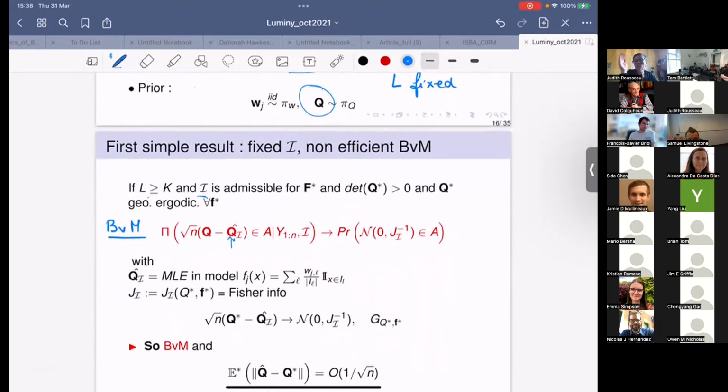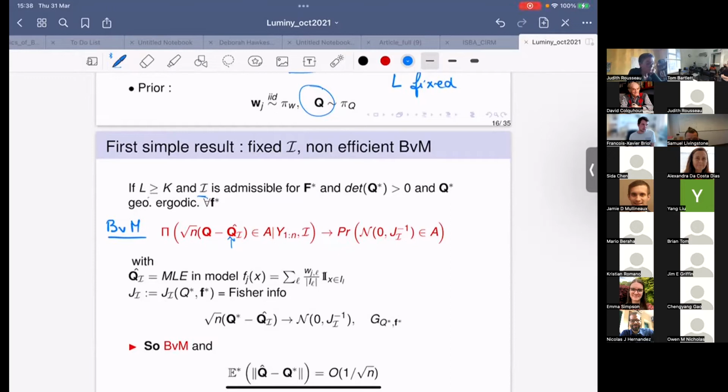That's the model I'm assuming, but I'm not assuming that the truth belongs to the model. I'm not assuming my true emission distributions are piecewise constant. I'm using this model as a toy model to make inference without thinking that it's a correct model.